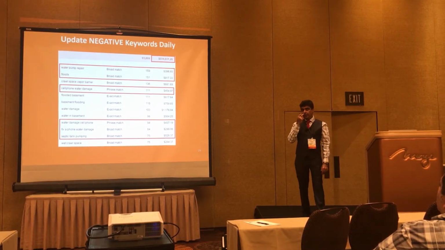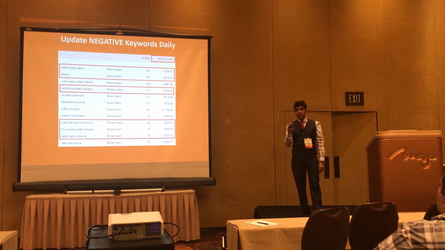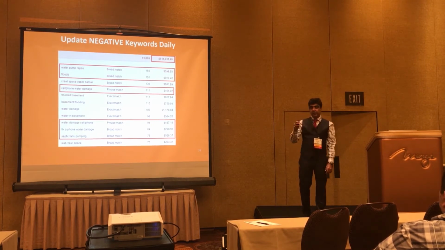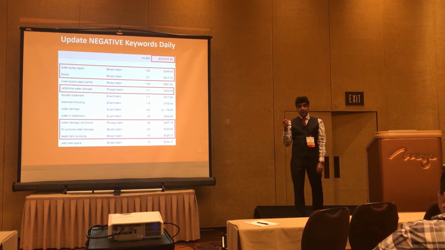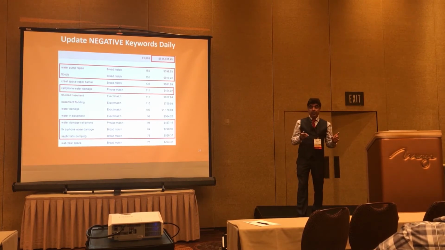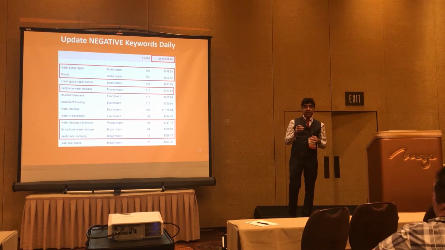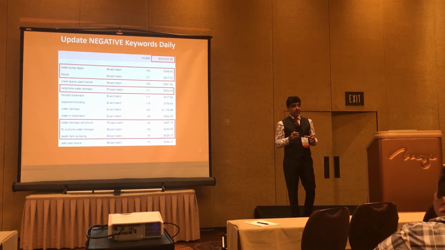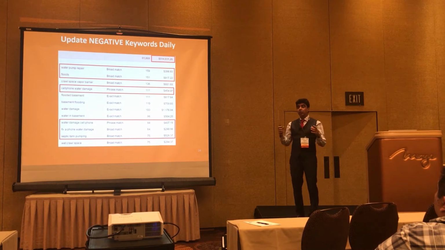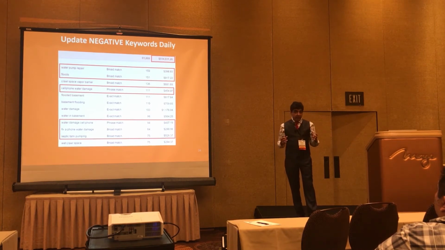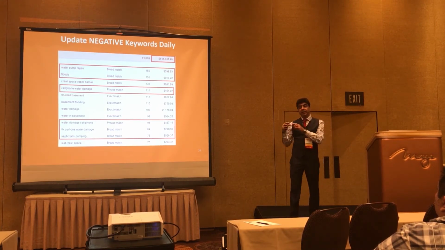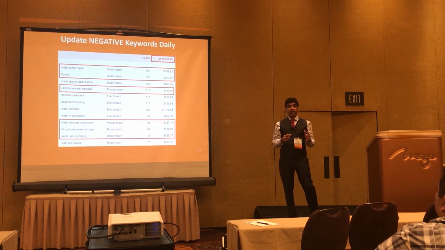So I'll tell you, anybody familiar with negative keywords? Okay, so I'll explain negative keywords. A negative keyword is a word that you add in your campaigns as a negative. So what happens is when someone Googles your key phrase with the negative key phrase, your ad will not show up.